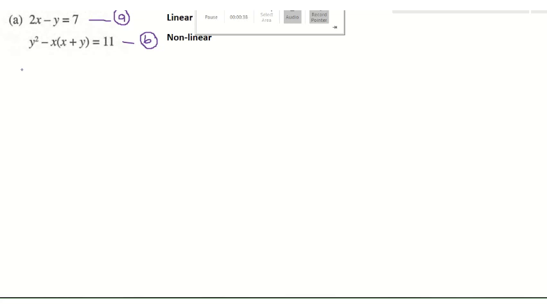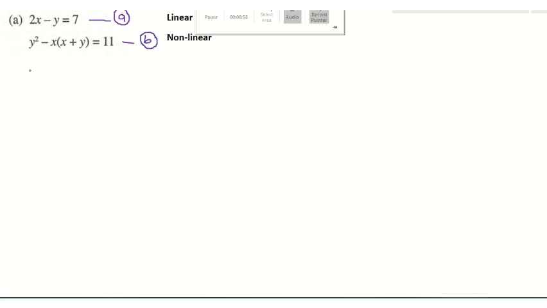Okay, you are free to choose what method you want to do, whether substitution, elimination, or graphical method. The graphical method is where we draw a graph on graph paper and then get the intersection point.